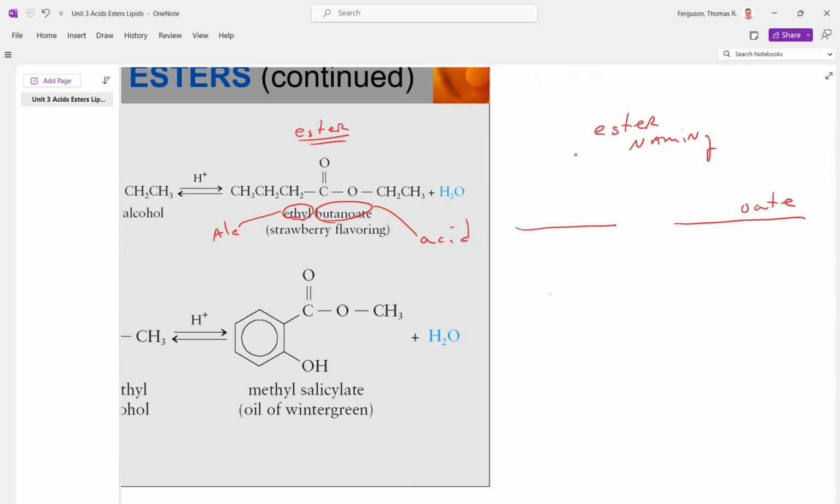So in this case here, this strawberry flavoring, we started with the ethanol, so that's going to make this ethyl. And we ended up starting with a 4-carbon acid. So that's butanoate. And it's going to look like that.